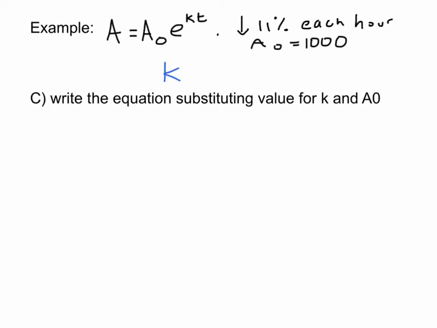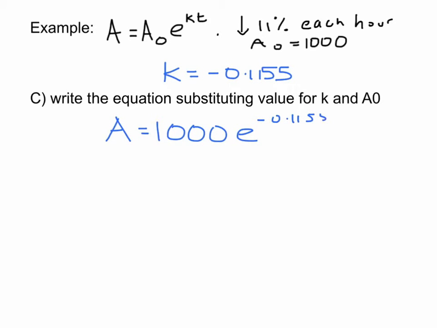So from before we had k is equal to negative 0.1155. So to write the equation, it should be very straightforward. You write A equals A0, which is 1,000, e to the power of k, which is negative 0.1155, and we put the t in there.